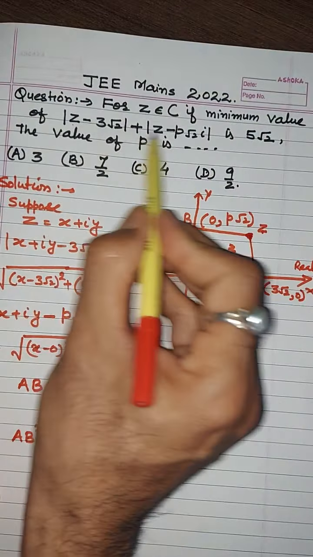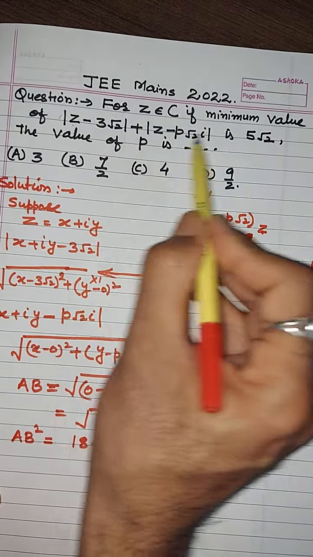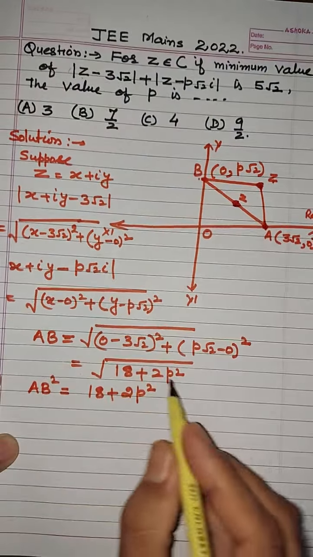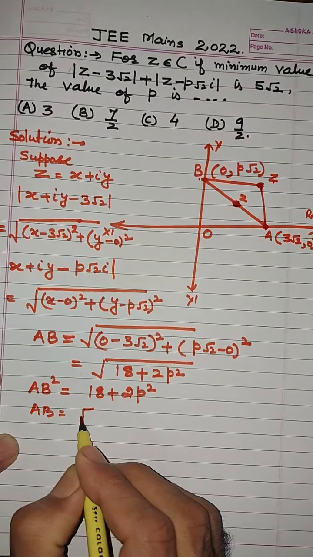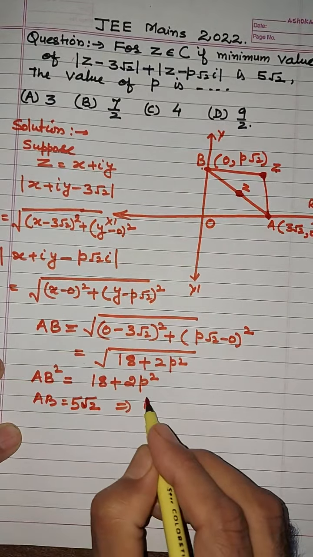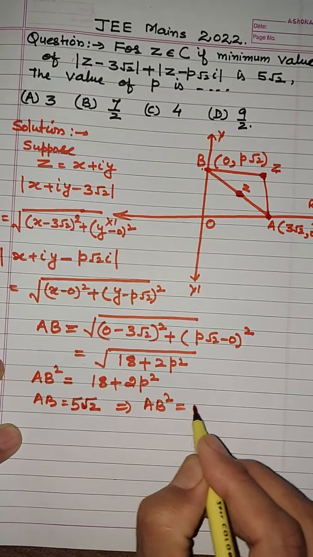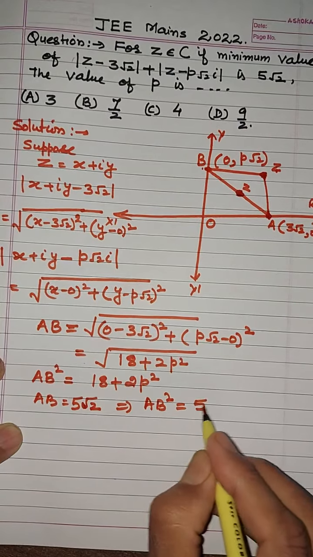But we are given that this sum is minimum. The minimum value of this sum is 5 root 2. It means AB is given to us as 5 root 2, which implies AB square is equal to 25 into 2, that is 50.